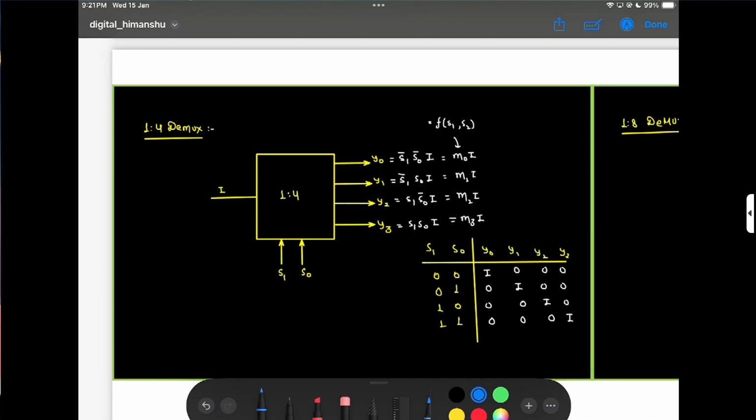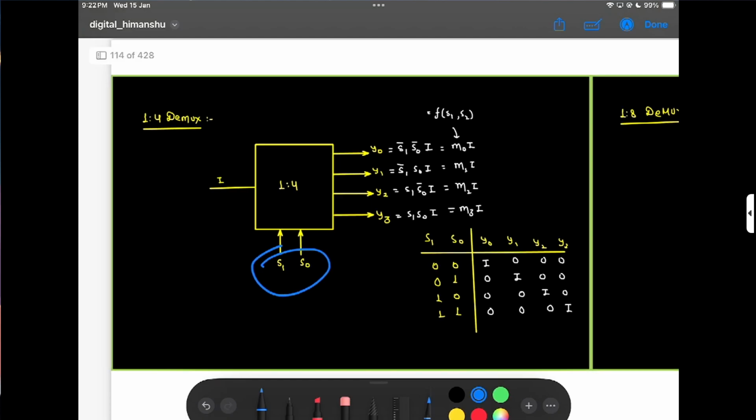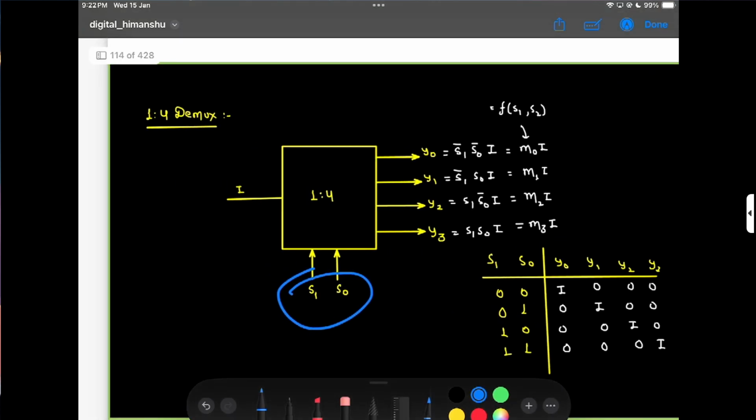And for a 1 to 4 demux, how can we make it? Obviously we need two select lines. If we want to get the output Y0, then we use S1 bar, S0 bar, and I, AND them together and we get the output.